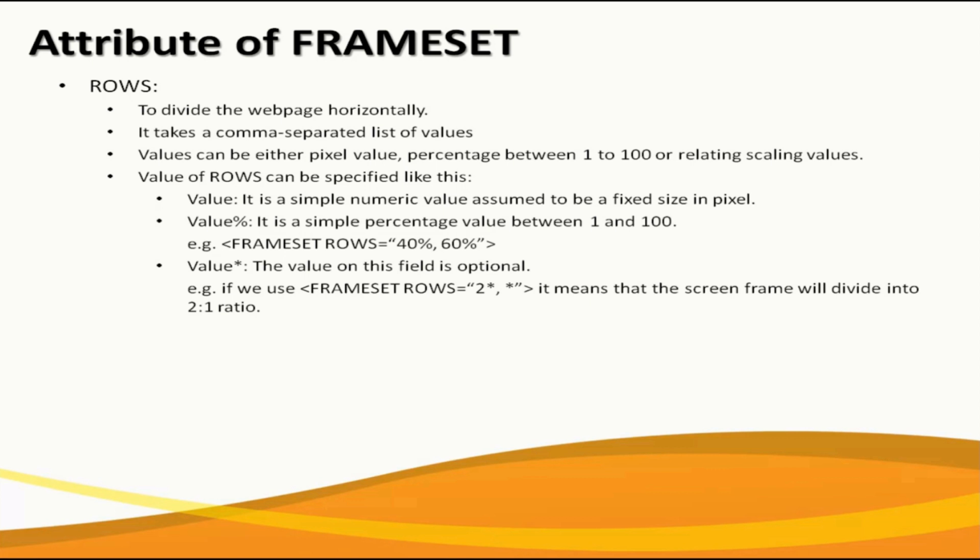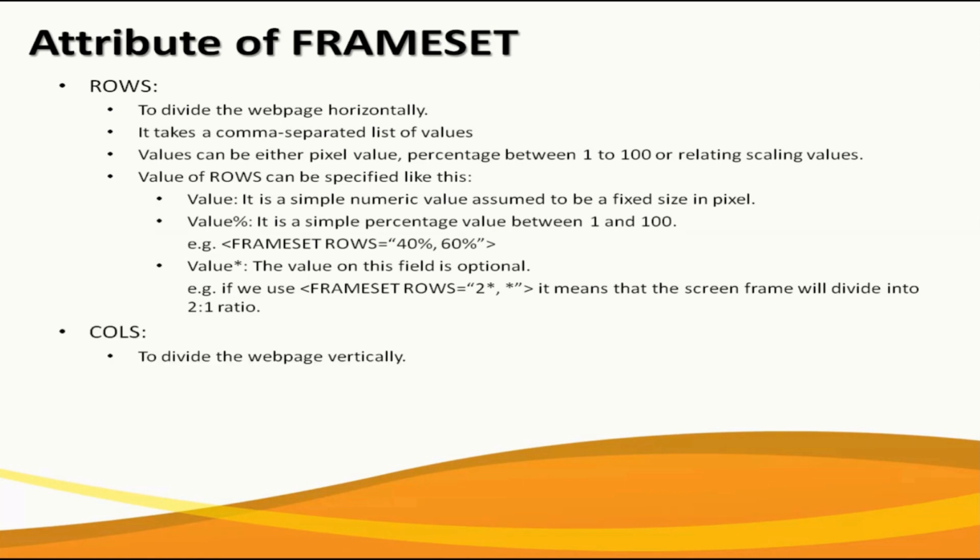A single asterisk character is a relative size frame and is interpreted as a request to give the frame the remaining space. If there exist multiple relative size frames, the remaining space is divided evenly between them. If there is a value in front of the asterisk, that frame gets that much more relative space. Look at the example below. Here rows equals 2 asterisk, comma, asterisk. That means the screen will be divided in a 2:1 ratio.